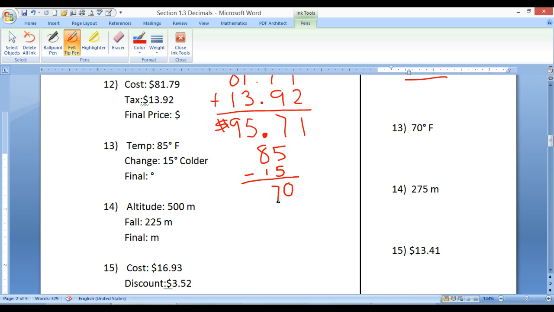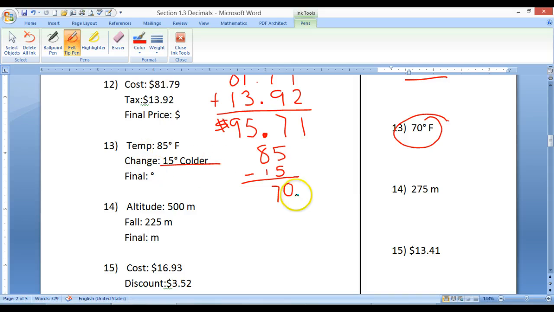So I am 70 degrees Fahrenheit. I apologize. We shouldn't say colder because it was already told us 15 degrees colder. Okay, let's move to the next one.